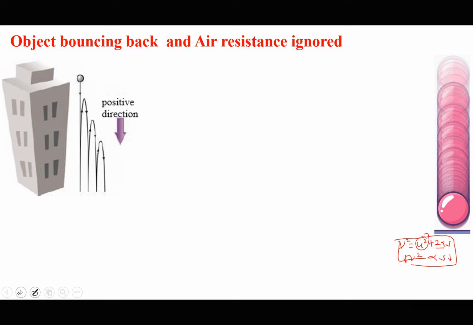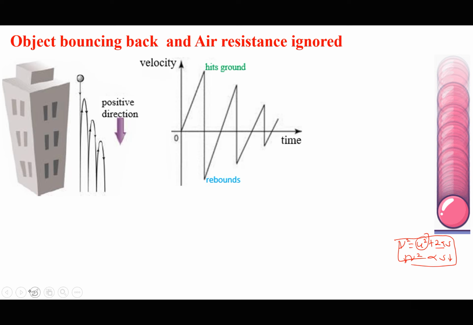Therefore, if I am to sketch a graph, it is almost the same as the velocity-time graph we have drawn, but I want you to notice that it bounces back. That means it always moves in the opposite direction. Since the acceleration is constant, for every bounce the lines will be parallel. So this one, this one, this one, and this one are parallel, which means they have the same gradient, to indicate that the acceleration has remained constant if there's no air resistance.